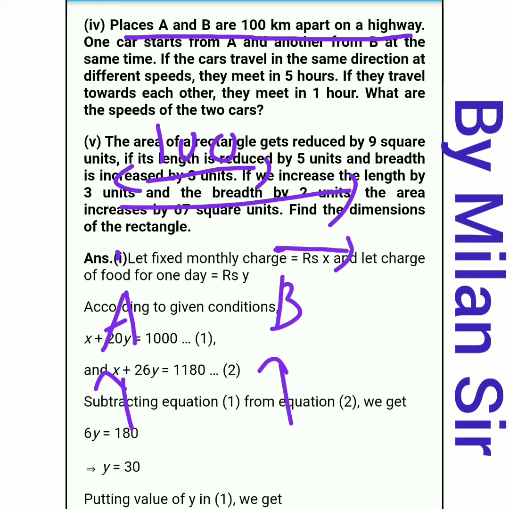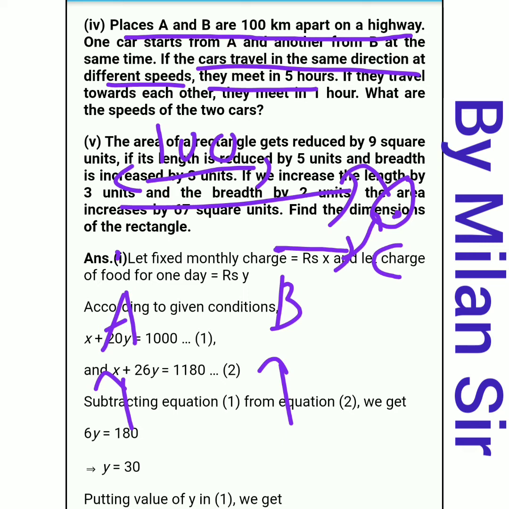Now let's suppose one point C is where the two cars meet. It is given that if the cars travel in the same direction at different speeds, they meet in 5 hours.